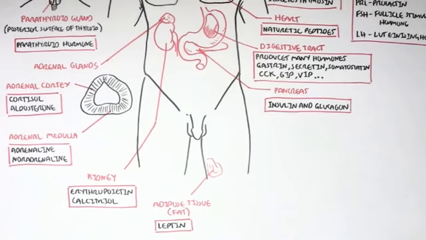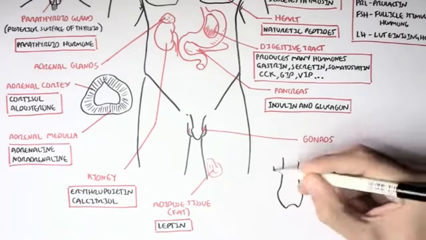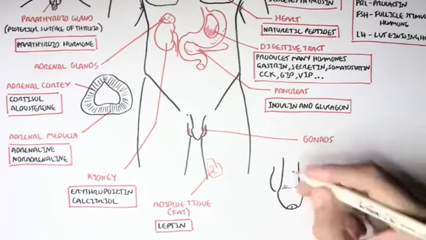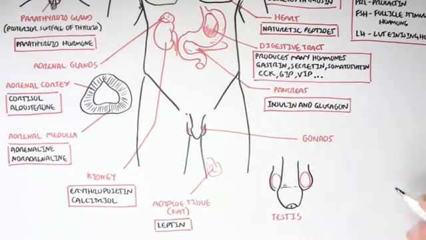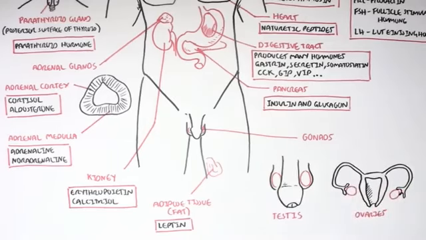The final endocrine glands I want to talk about are the gonads. Because we have a male and female version of humans, we have two types of gonads: the testes for the male and the ovaries for females.